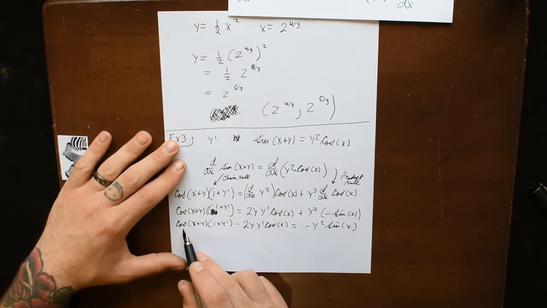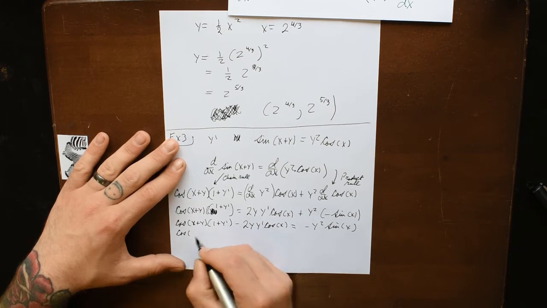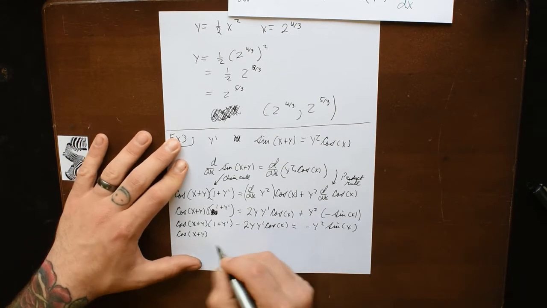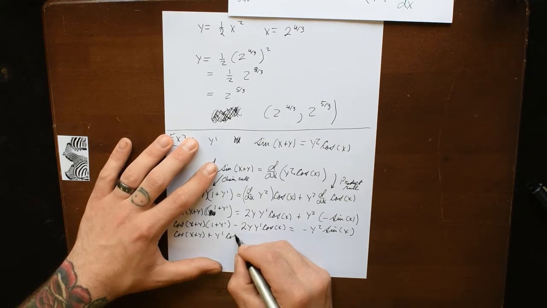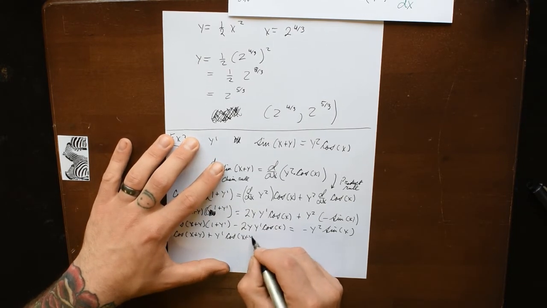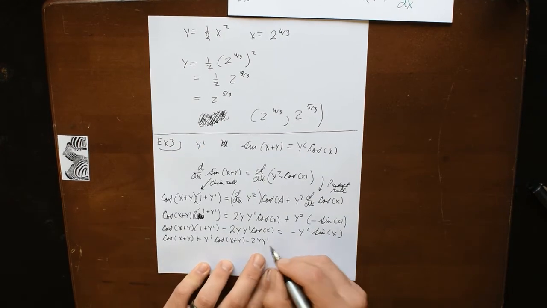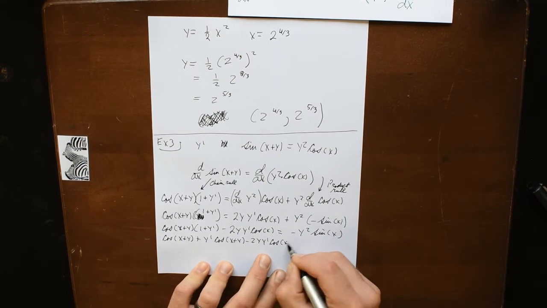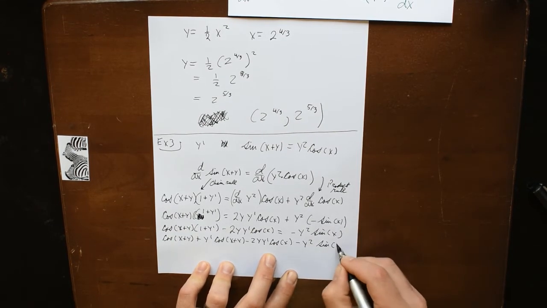Awesome. So I'm going to distribute this cosine of x plus y through, get a cosine of x plus y plus a y prime cosine of x plus y minus 2y prime cosine of x minus y squared sine of x.